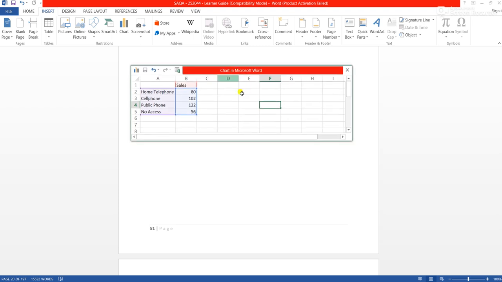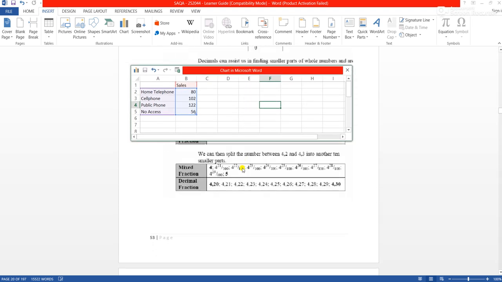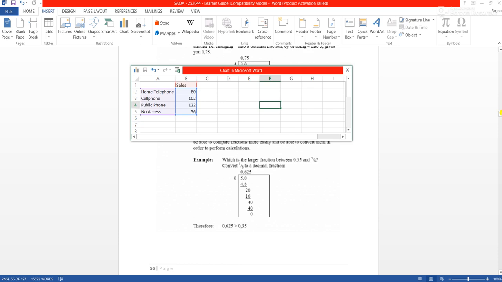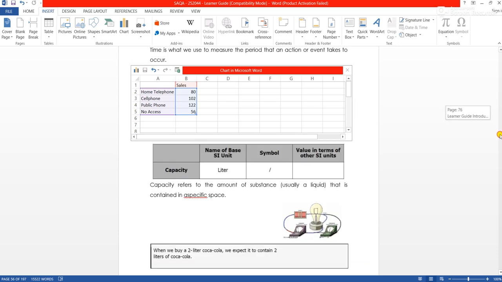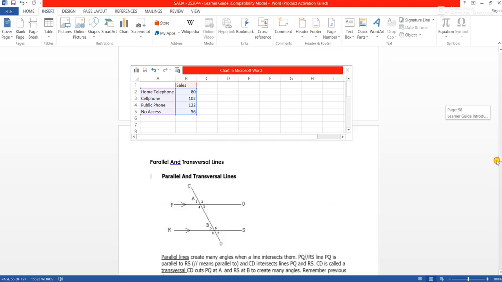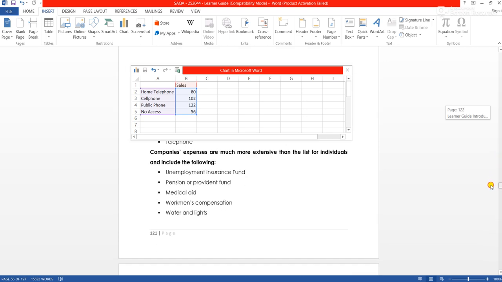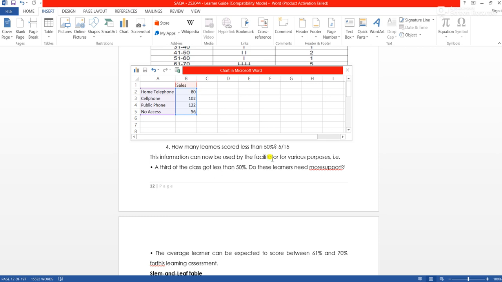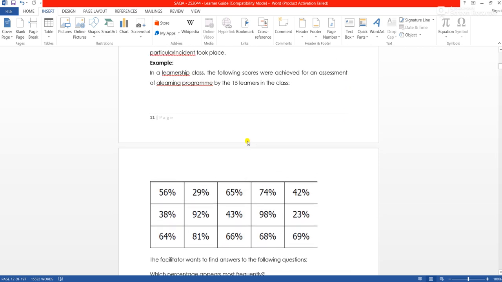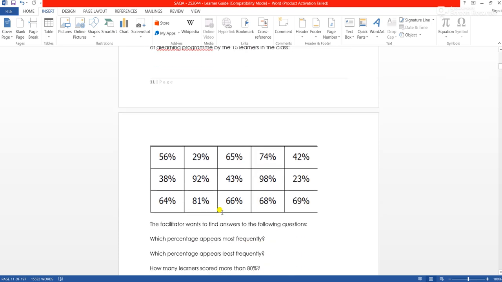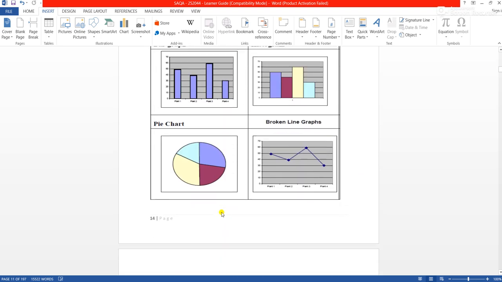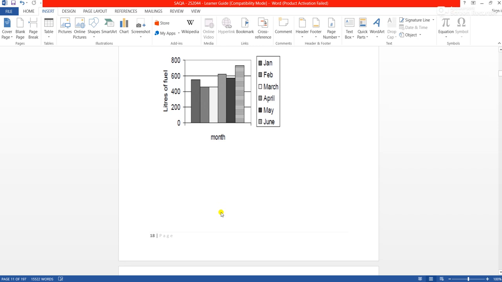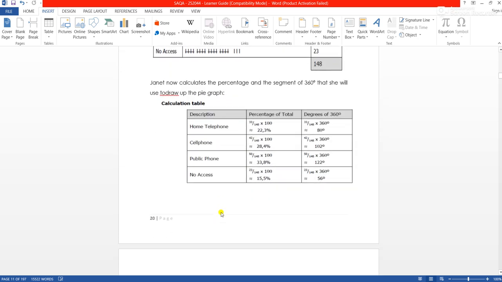I think there's a system error. I think there was an error with regards to that, but our pie chart should be the same as the one on your learner guide.